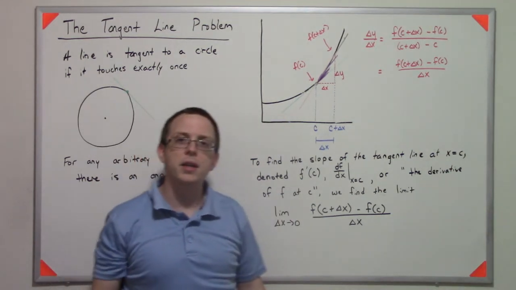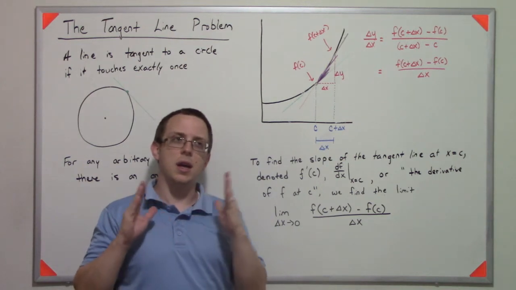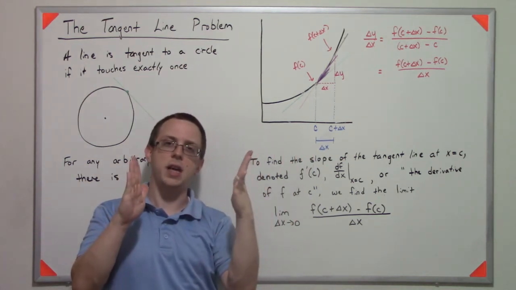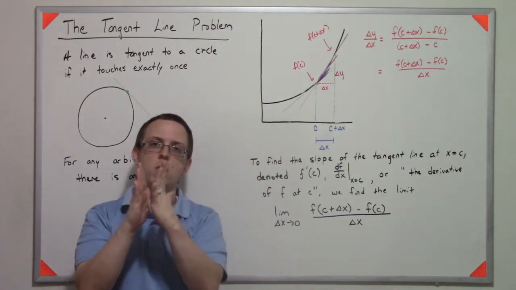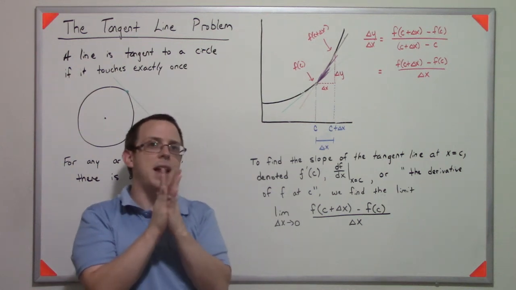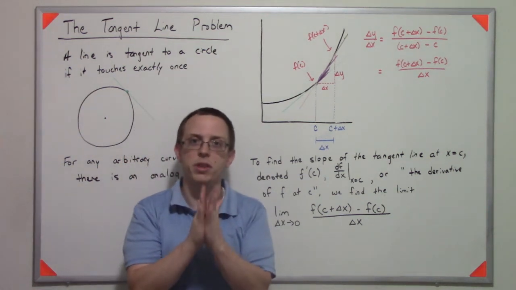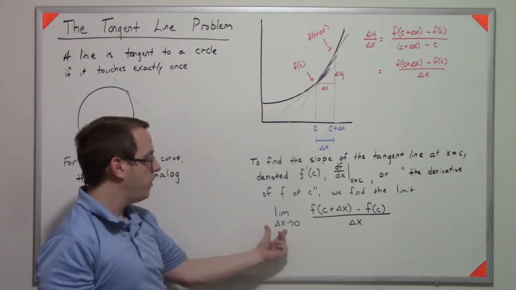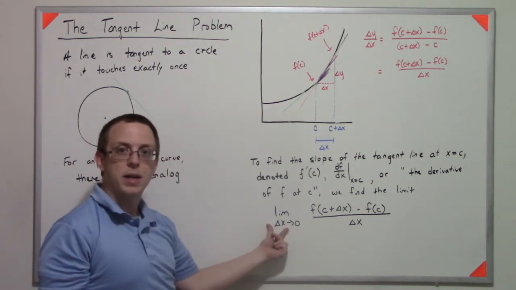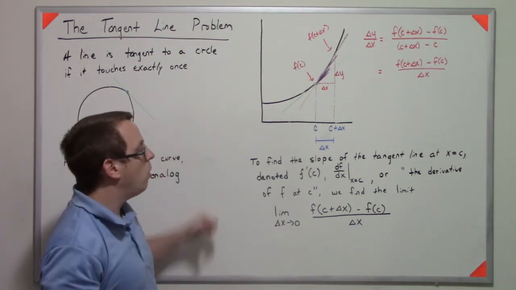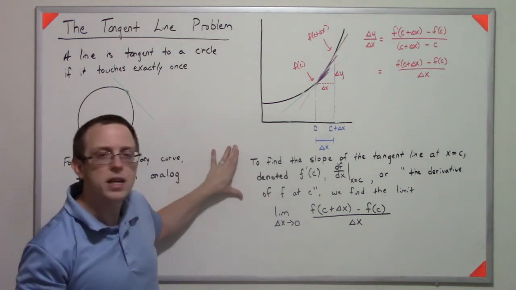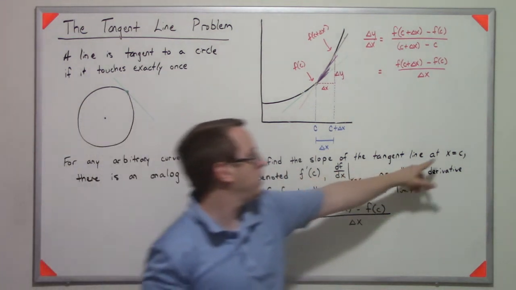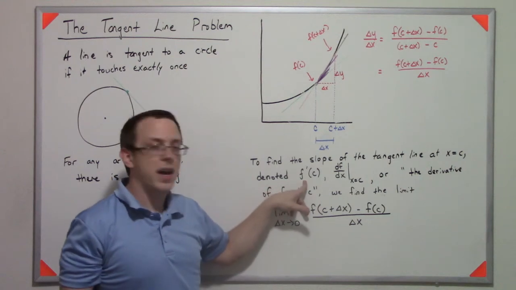And what we find is, since we're taking that delta x, and we're making it smaller and smaller, it's natural to discuss it in terms of the limit. We want to describe that limit as that delta x quantity goes to 0. So ultimately, this piece here, to find that slope of the tangent line at x equals c, we might call that f prime.